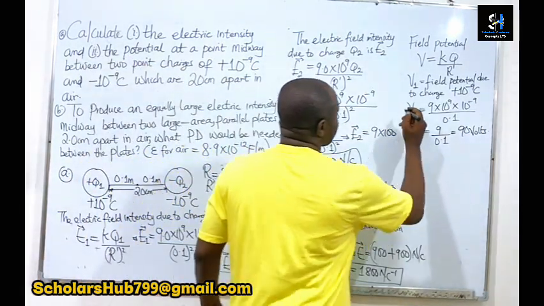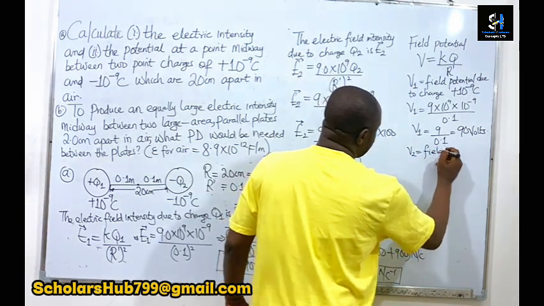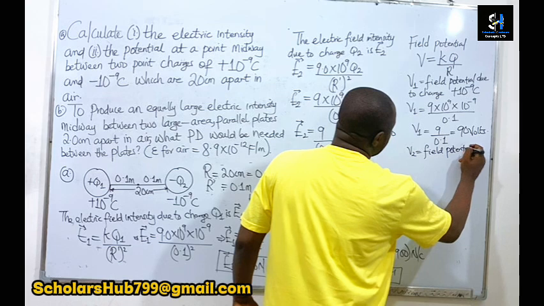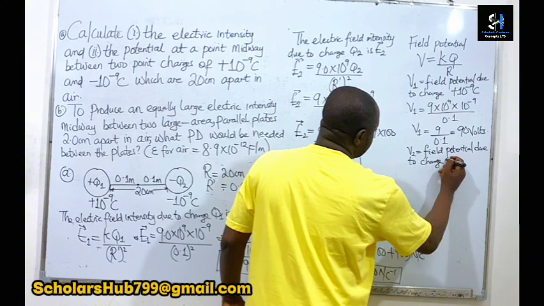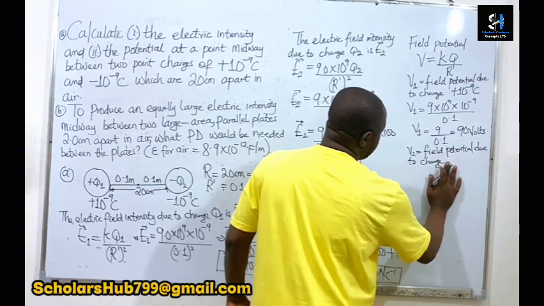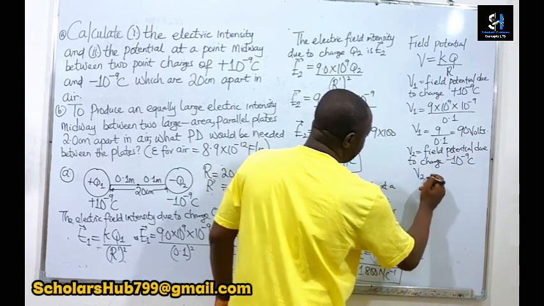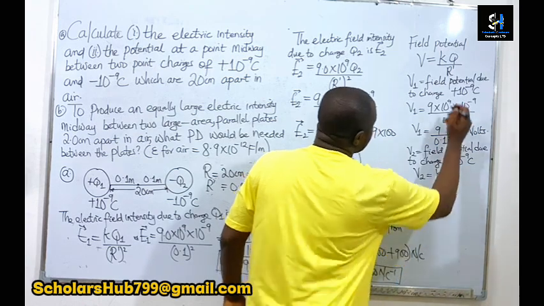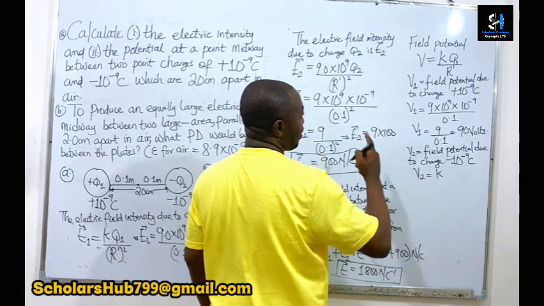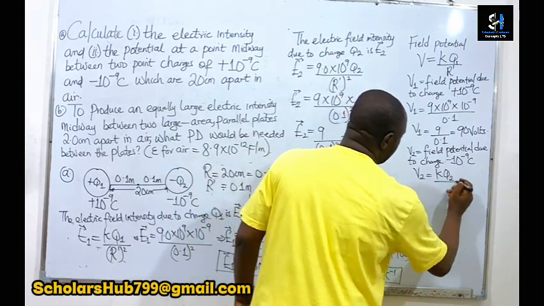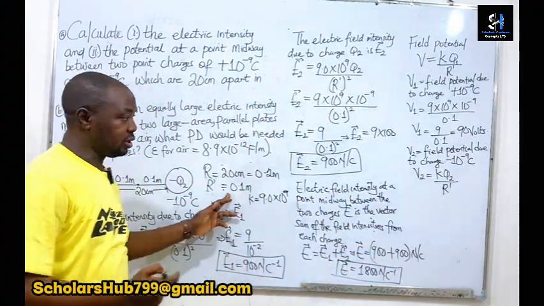Then we have V2 to be the field potential due to charge Q2, that is the charge of minus 10 raised to the power of minus 9 coulombs. So V2 equals KQ2 over R prime, where R prime is the distance midway between the 2 point charges.